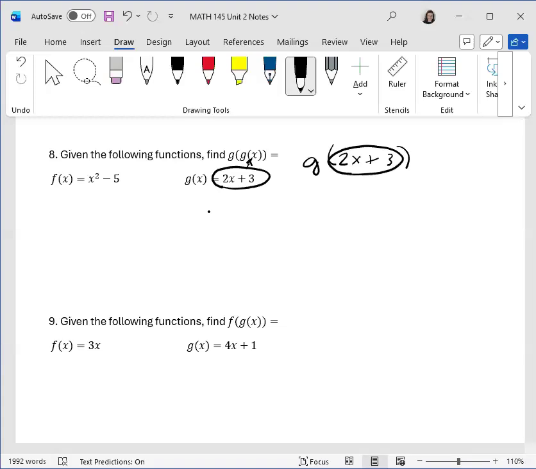So substituting that, it would say 2 times my input of 2x plus 3 and then plus 3. Distributing the 2, I would have 4x plus 6 plus 3. And combining the two like terms, I'm left with my final answer, the expression 4x plus 9.